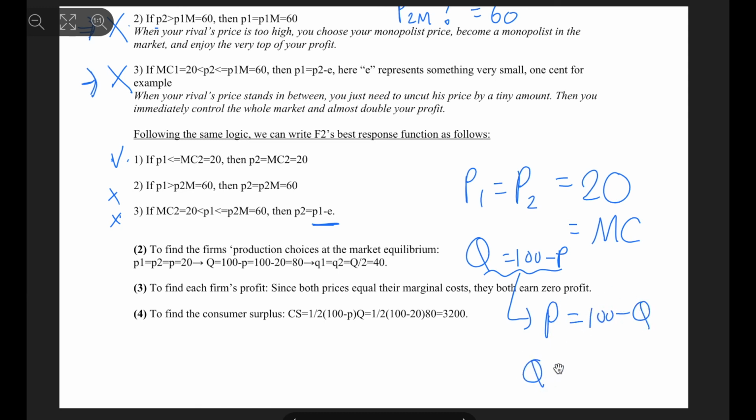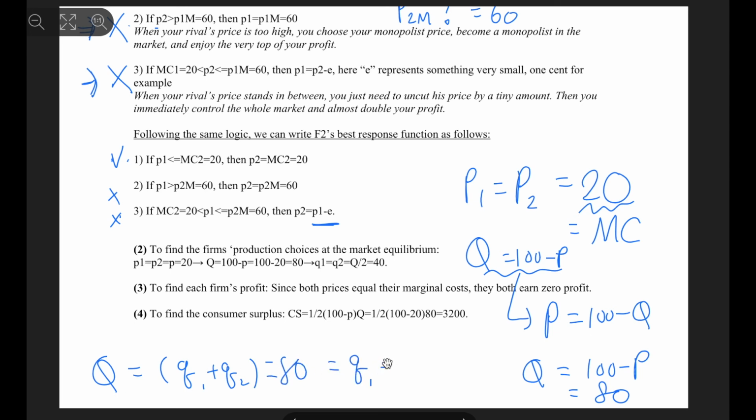So Q equals 100 minus P. Since we got the P of 20, we got Q was 80, right? And what is this Q? Again, this is Q1 plus Q2, that is 80. So for each farm, Q1 and Q2, they each get 40 and 40, right?